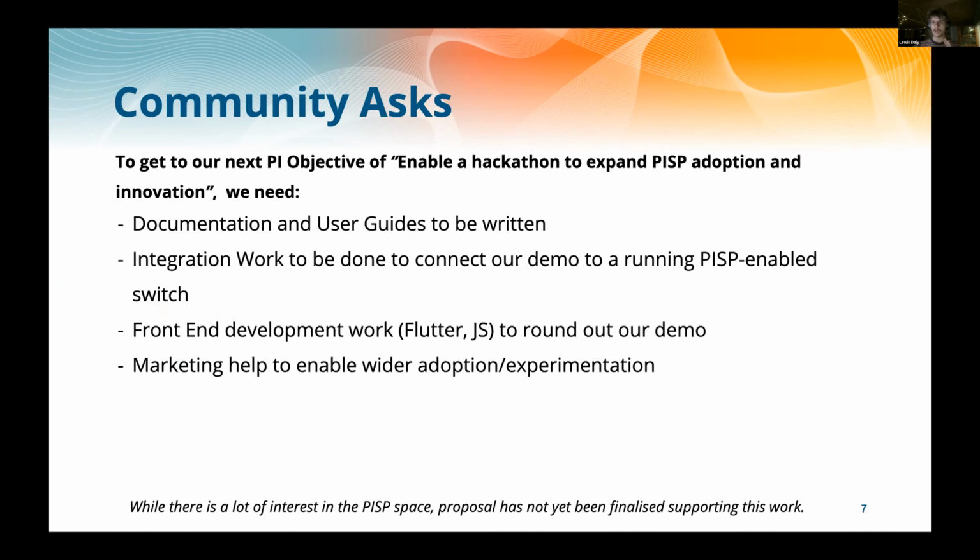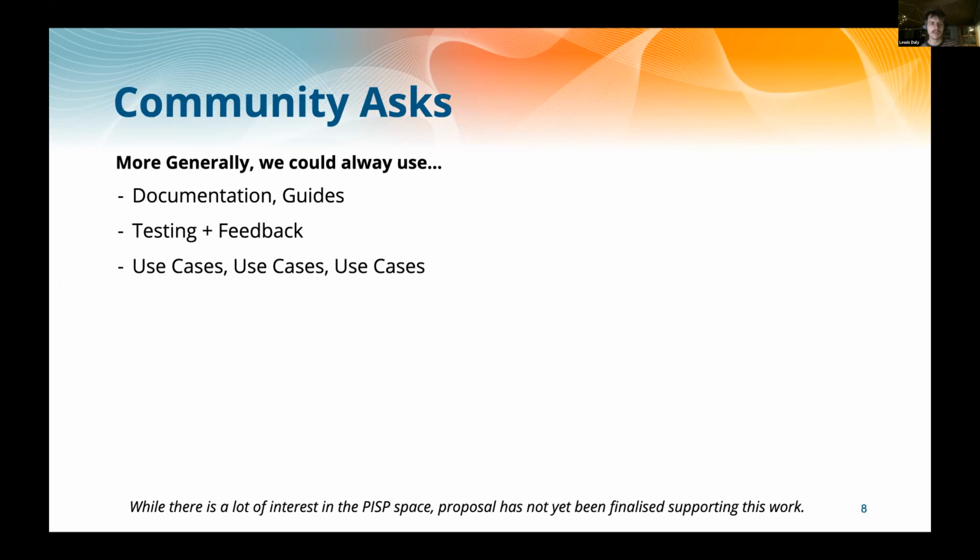I know there are a few people in the community who we have lined up to help with some of these things, especially maybe the DFS lab guys, and I know Innocent from Hypepo is interested in a hackathon along the PISP lines, so maybe that's part of the marketing covered. But that's what we have for PISP. More generally as well, we can always use more help, whether that's development work, documenting, or doing some testing and feedback.